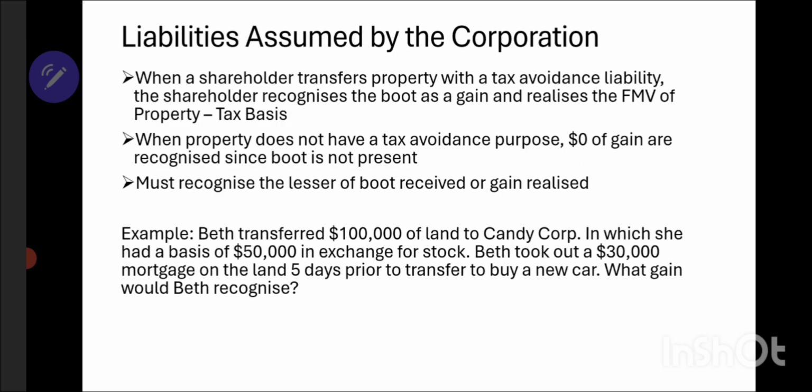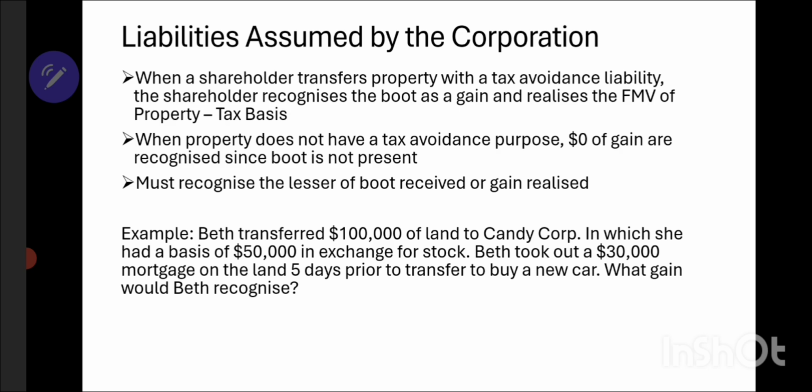Liabilities assumed by the corporation. When a shareholder transfers property with a tax avoidance liability, this liability will be something like the shareholder takes out a $30,000 mortgage on their land, which let's say had a tax basis of like $10,000. So they take out a $30,000 mortgage and then they go buy a car and then they transfer this property.